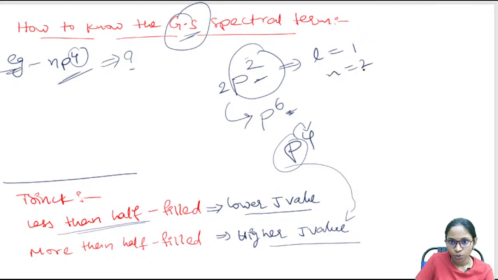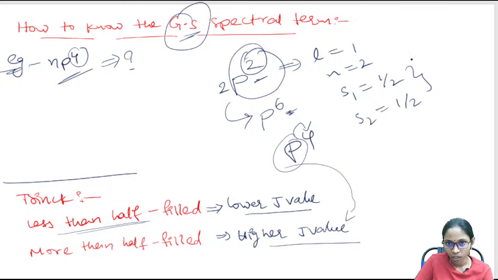If you write the spectral terms for this configuration, we have 2 electrons here, therefore S1 is 1 by 2, S2 is 1 by 2, and if you combine this, the S values will be 1 comma 0.